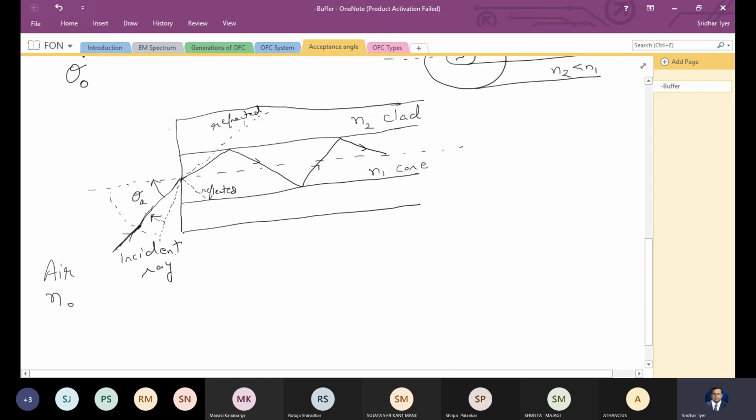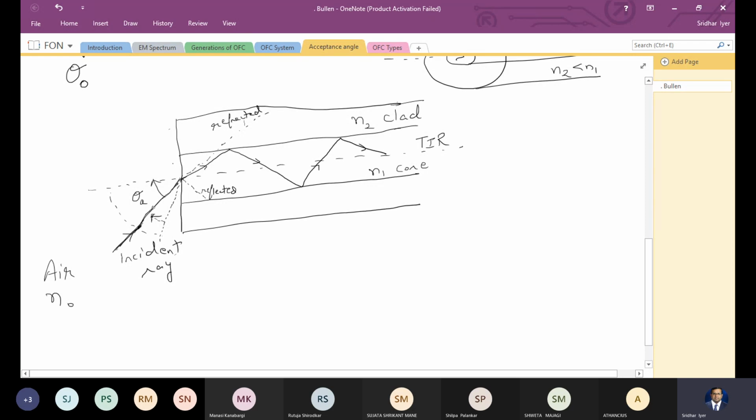Instead, the incident ray is at an angle theta A, the darkened line. Now the incident ray is only getting reflected inside the core, not refracted, and we are following Snell's law. What I have shown with the darkened line is total internal reflection. Light propagation inside the optical fiber works only on the basis of total internal reflection.